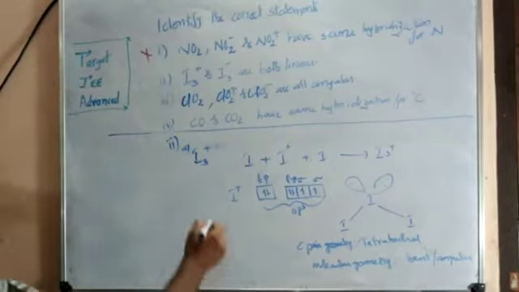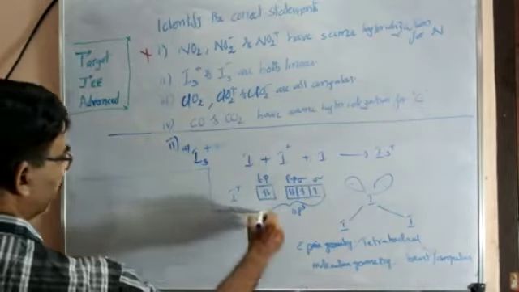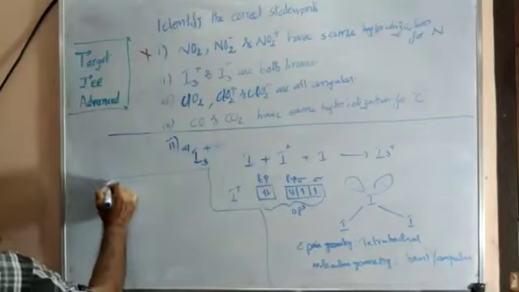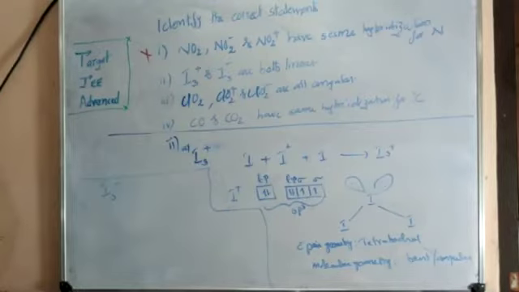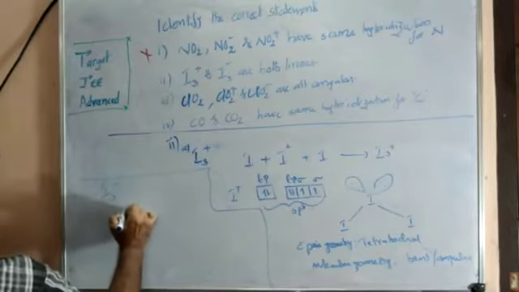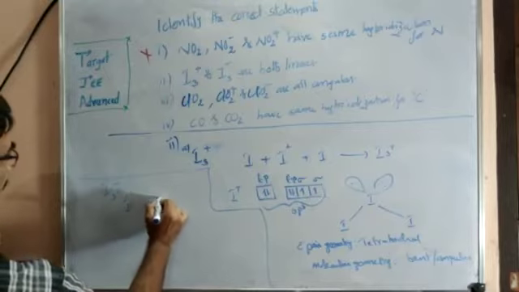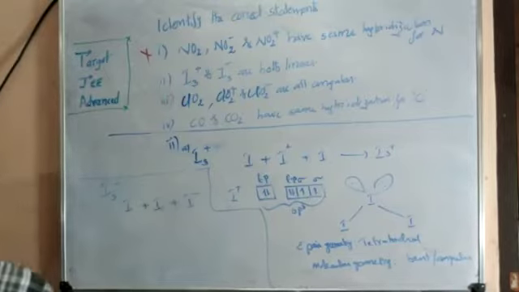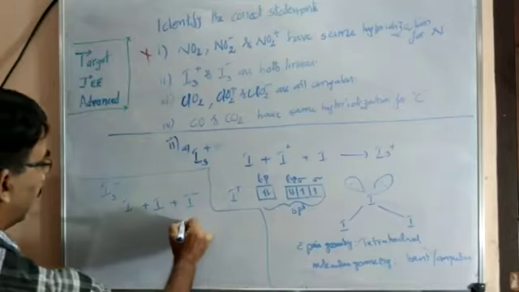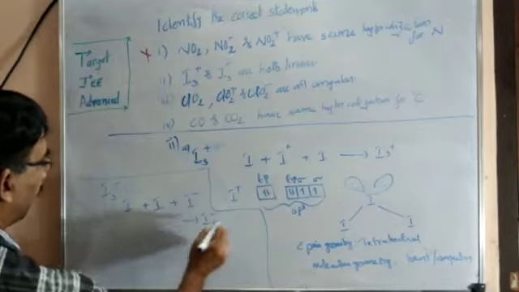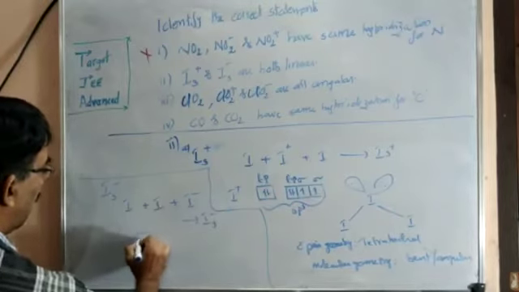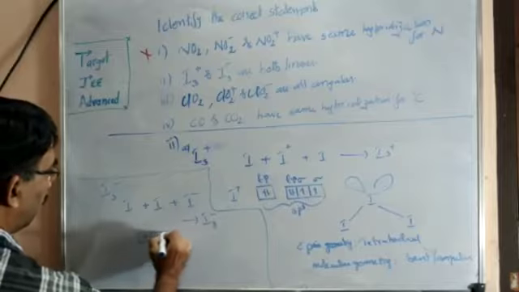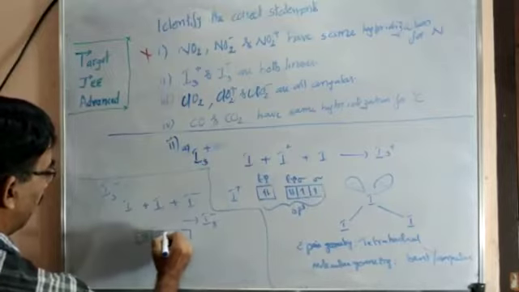Now we have I3 minus. Here it must be like this: I plus, I minus, that must be giving I3 minus. We have halogen iodine with the electronic configuration like this.